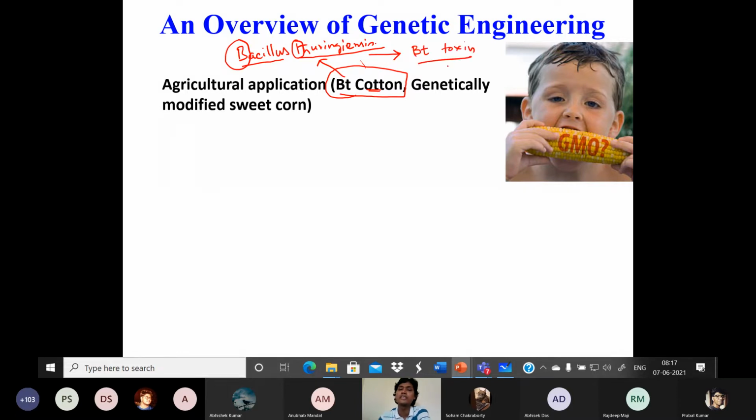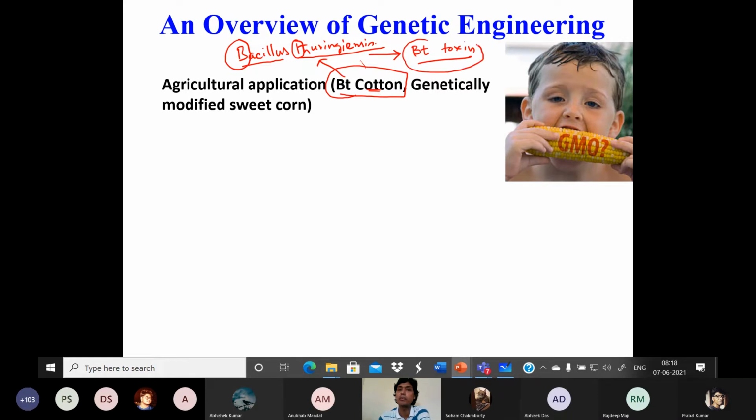This BT toxin is very harmful for some insects, mostly like bollworm, some kind of moth. Those insects are very harmful for the cotton plant and they destroy it. As a result, scientists transferred this gene.